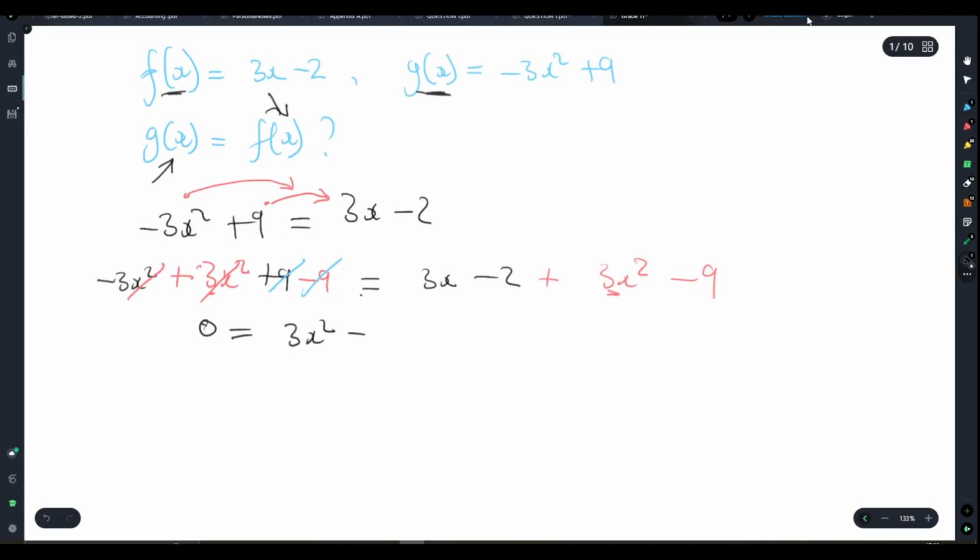Let me rearrange. I'm left with 3x squared plus 3x, plus 9, sorry, minus 9 minus 2. This is the same as 3x squared plus 3x minus 9 minus 2, which is the same as minus 11.